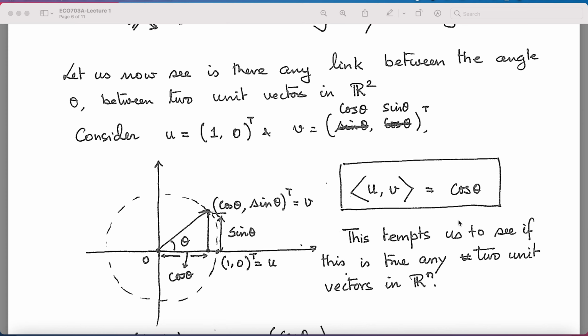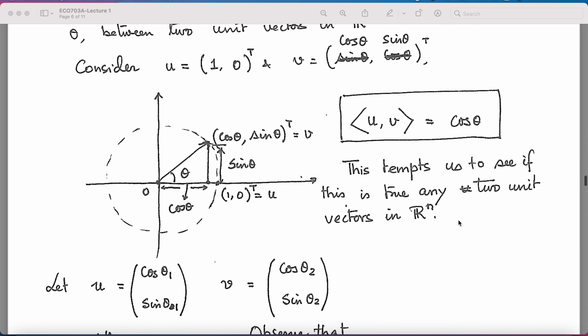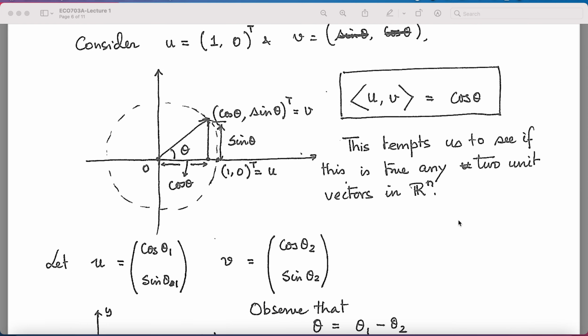So, which means that if I take any two unit vectors, maybe in Rn, this possibly might be true. Let us make that intuitive jump. Sometimes in mathematics you have to make intuitive jumps, some leaps in the imagination; later on you can go and prove it in a more detailed way. So, is it true for any two unit vectors?